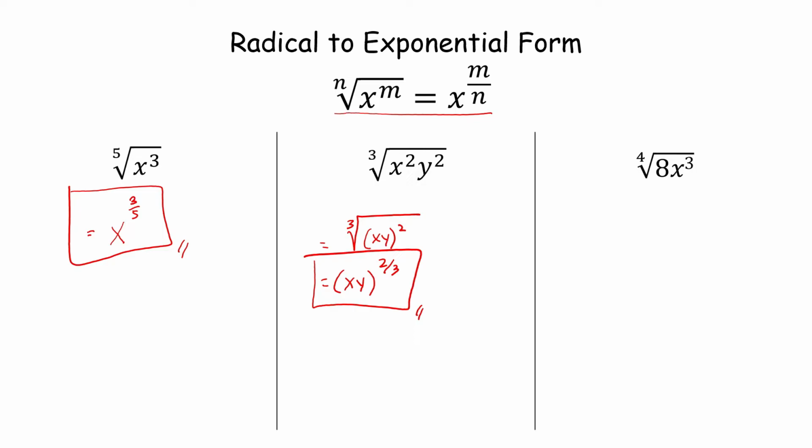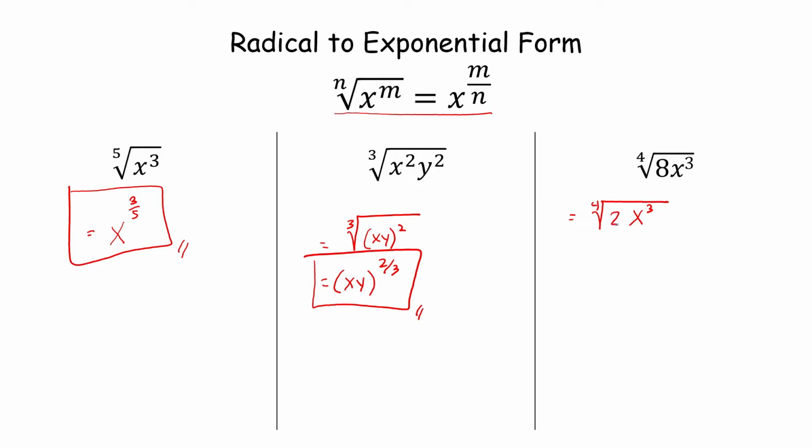Now for the last one, we have a number 8 here. We need to express that into exponential form in such a way that the exponent will be 3 because the exponent of x here is already 3. So what is that? What's a number raised to 3 is equal to 8?